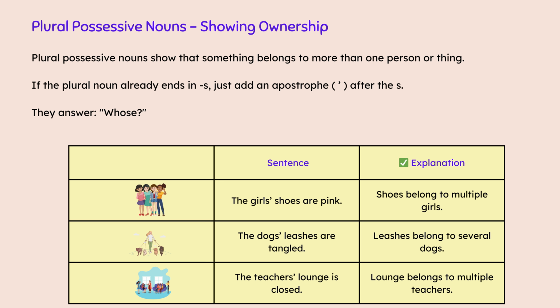Let's see some examples. The girls' shoes are pink. This means the shoes belong to multiple girls. The dogs' leashes are tangled, so the leashes belong to several dogs. The teachers' lounge is closed. That means the lounge belongs to multiple teachers. Just remember, if the plural noun ends in s, don't add another s, just put the apostrophe after it.